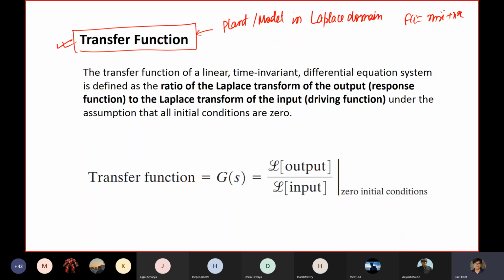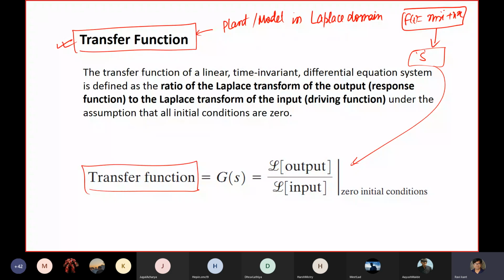This was essentially in time, and we are going to transform this equation into the Laplace domain or S domain, and then we formulate the output by input ratio in S domain, and we call this the transfer function of the system.